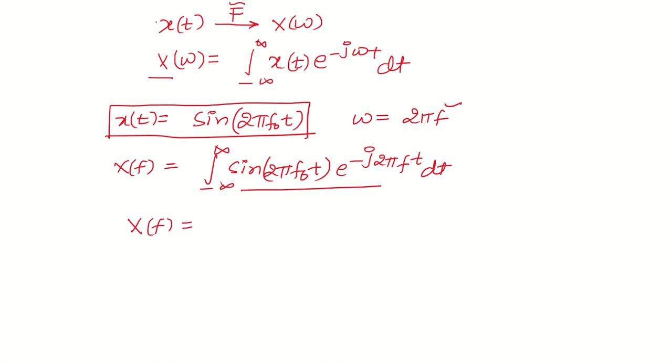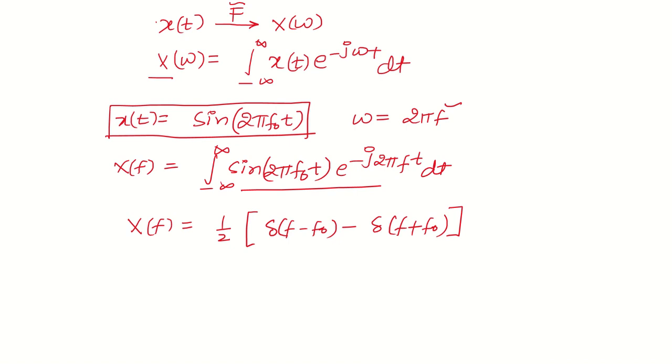This comes out to be 1 by 2 times impulse delta of f minus f naught, minus delta of f plus f naught. So these are the two impulses. One is at f naught and one is at minus f naught with negative magnitude.